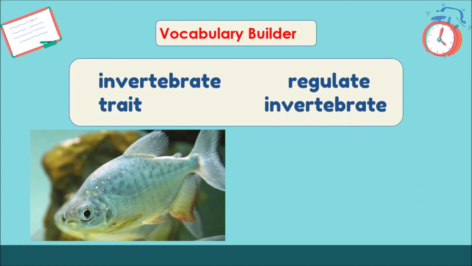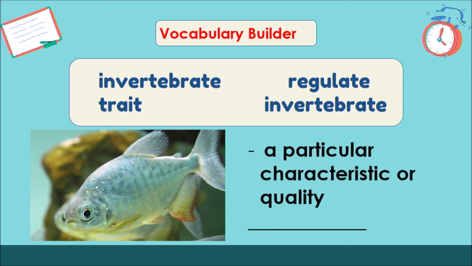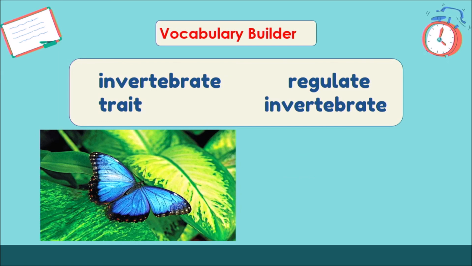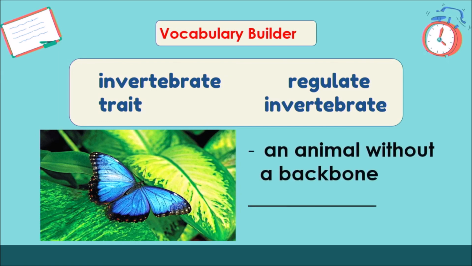Now let us move on to the vocabulary builder. So these are the choices. We have invertebrate, trait, regulate, and vertebrate. So in the first picture, we have fish. It is a particular characteristic or quality. We call it trait. An animal without a backbone is called invertebrate.